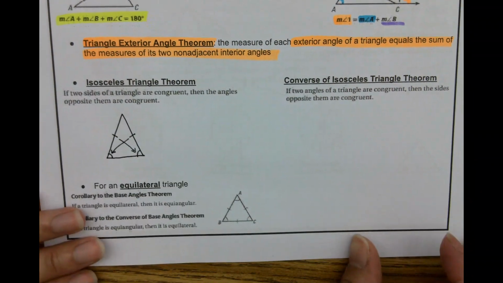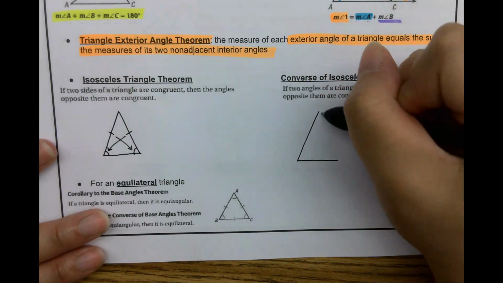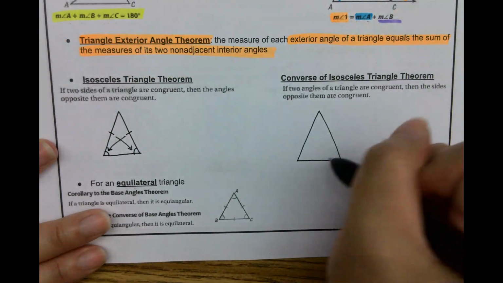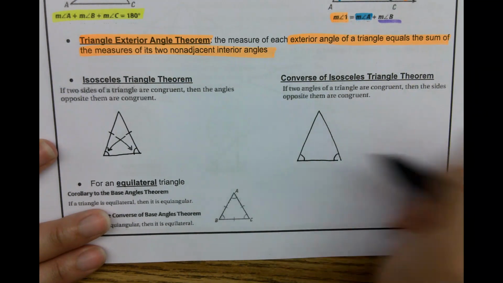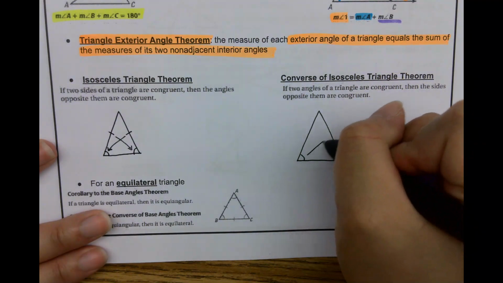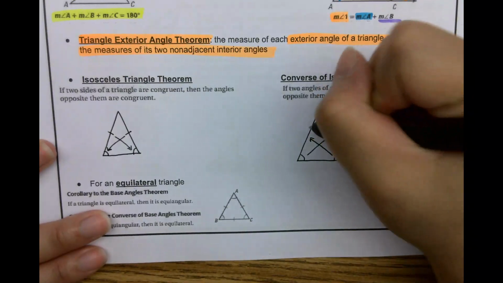The converse is the opposite. What we know first, instead of the sides being congruent, is that we know two angles of the triangle are congruent. So for example, here and here. What that tells us then is that the sides opposite have to be congruent.